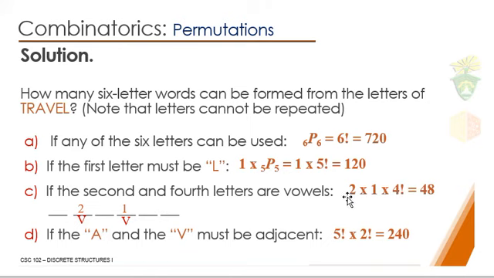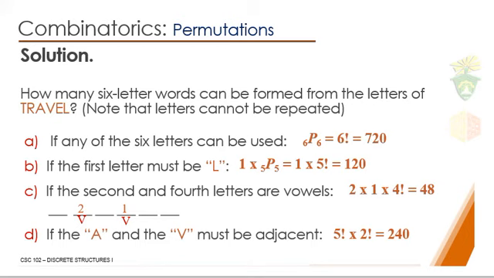So, 4 factorial times 2 gives us 48 rearrangements that we can form. We multiply 4 factorial by 2 because the two vowels can swap places: A here, E there, then in the next batch E here, A there.